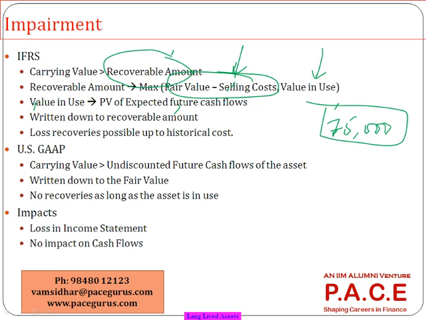Now there are two things I have to check to see whether it is really impaired or not. One, if you dispose it off right now, how much will you get? Price minus your cost of sales.